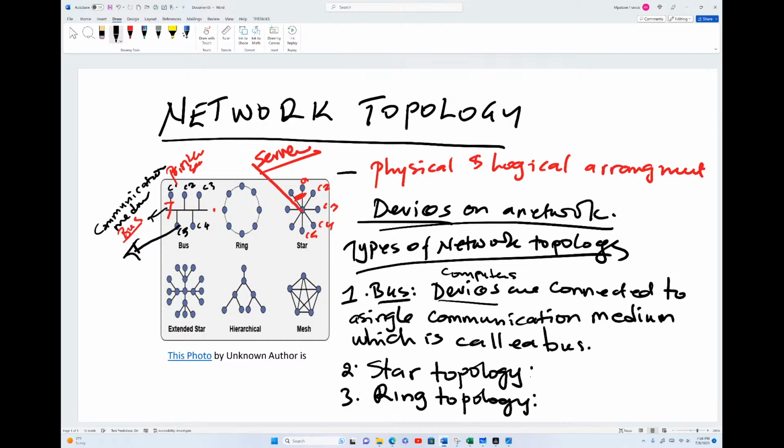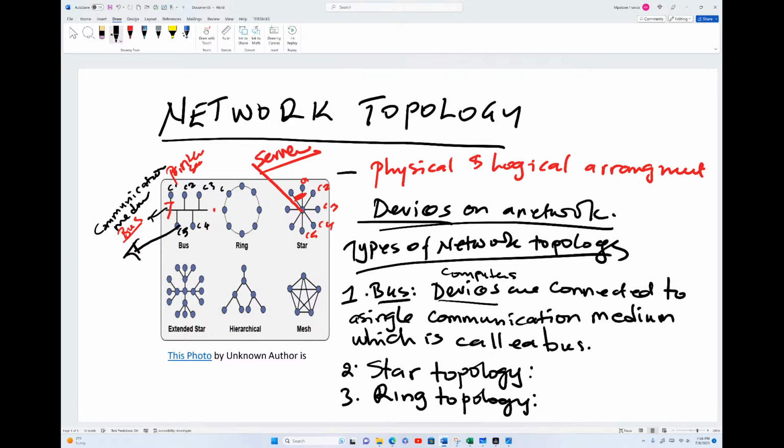With the ring topology, ladies and gentlemen, devices are connected in a closed loop, where each device is connected to adjacent devices, and data travels in one direction around the ring. So if one device fails, it can disrupt the entire network. As you can see here, this is the ring topology.